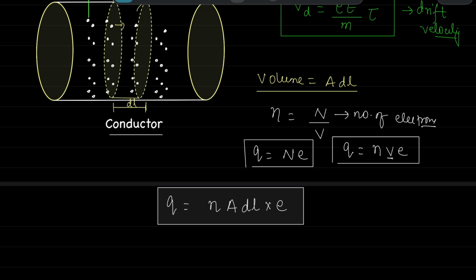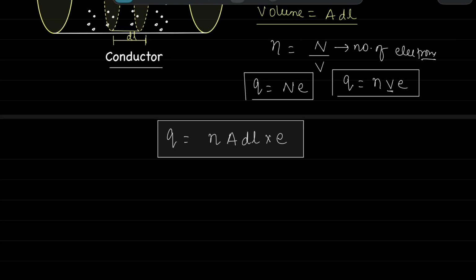Now we have to change this Q in terms of current. We know that Q is equal to I into dt, from the current definition I is equal to Q by dt. So from there we can write I into dt is equal to nA dl into e.